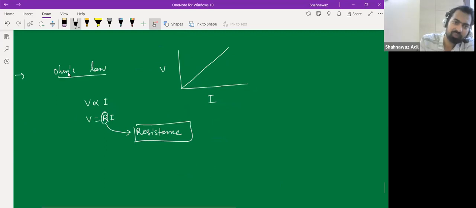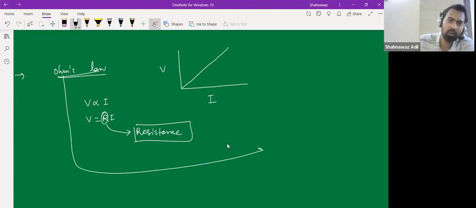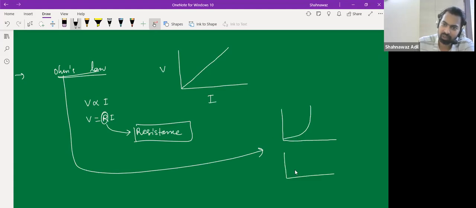And then we saw that there are some materials which don't follow Ohm's law. That is called the limitation of Ohm's law. We saw that we can have these kinds of variations, and also these kinds of variations. Different variations we can have, so they don't follow Ohm's law.